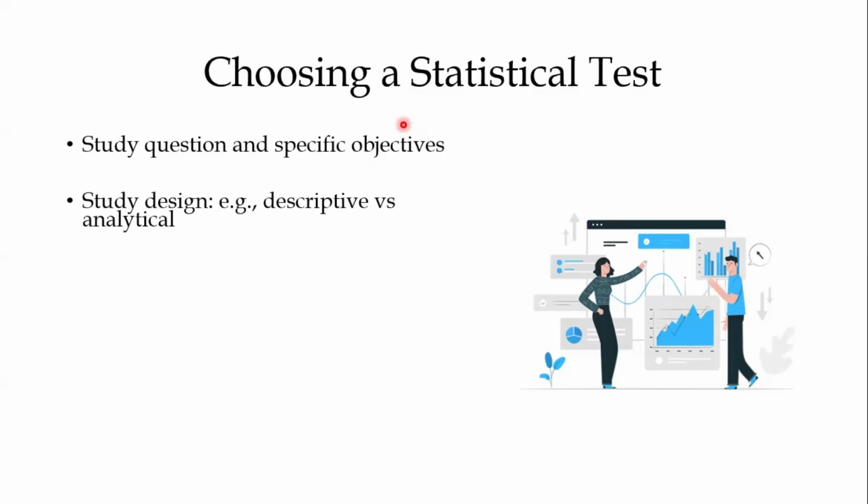The design. If the aim of your study is just to describe what you're seeing in the sample and not necessarily to generalize it to the population, then you just stick to descriptive statistics. But if your design and your desire is to be able at the end of it all to make conclusions or generalize what you are seeing in that sample to the general population, then you choose or use a statistical test.